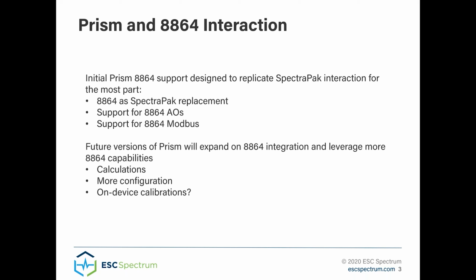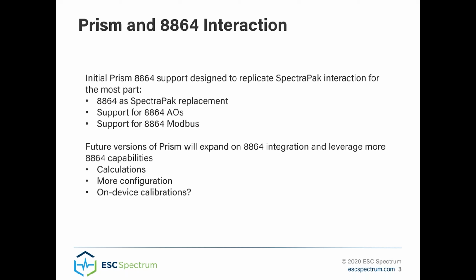So I'll give a little bit of background on Prism and the 8864 interaction between the two. Our initial Prism support for the 8864 was designed to replicate the existing SpectraPack interaction for the most part, with the 8864 designed more as a SpectraPack replacement. That way we could rely on our code that we knew was functioning well and thoroughly tested.